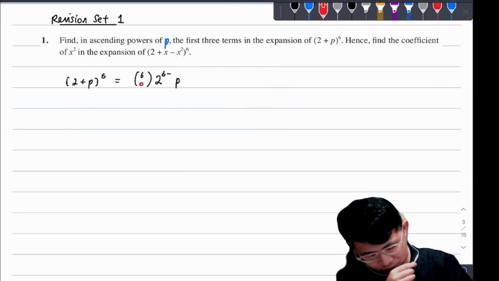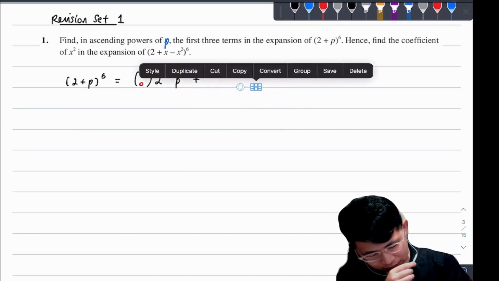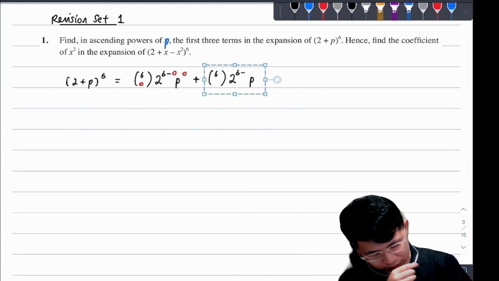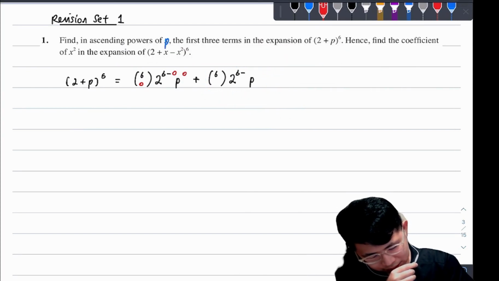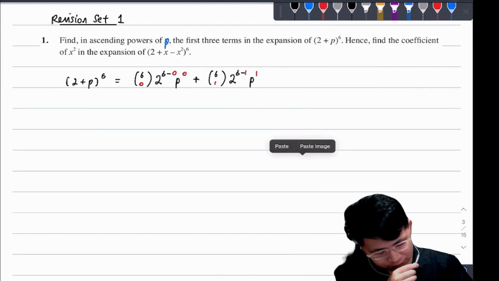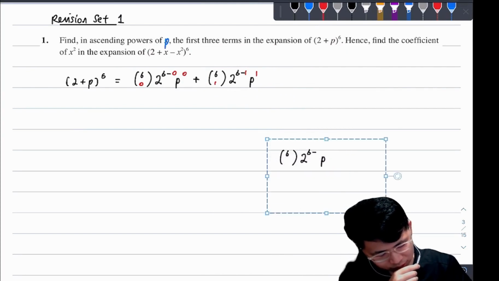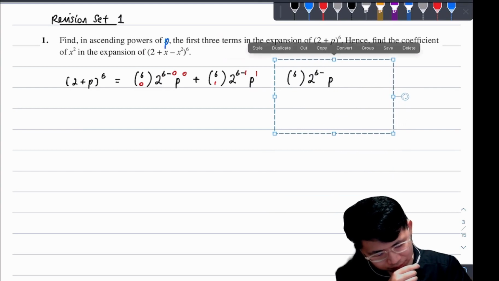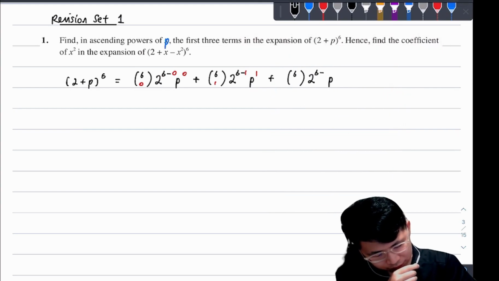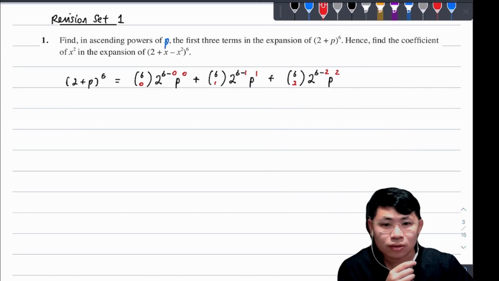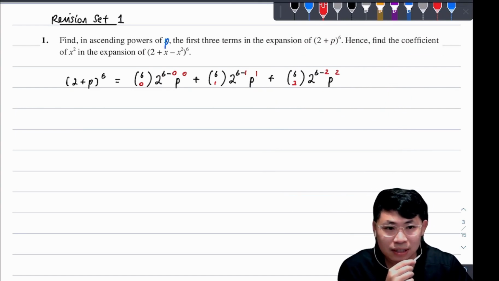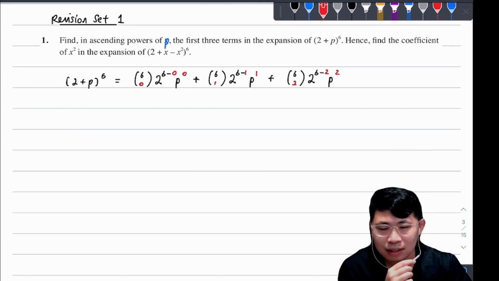So 6 choose 0, r is 0, plus, second one, 6 choose 1, r is 1. Now 6 choose 2, with 2 to the power of 6 minus 2, and p squared. We only need the first three terms, so r is 0, 1 and 2, but it goes all the way until 6.